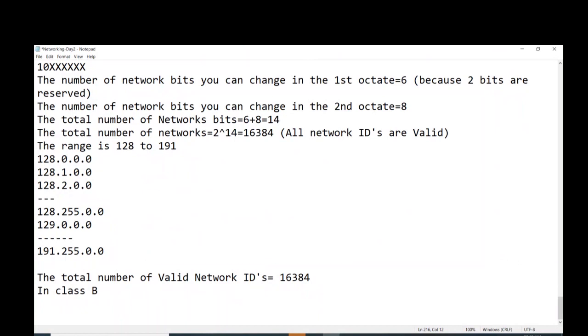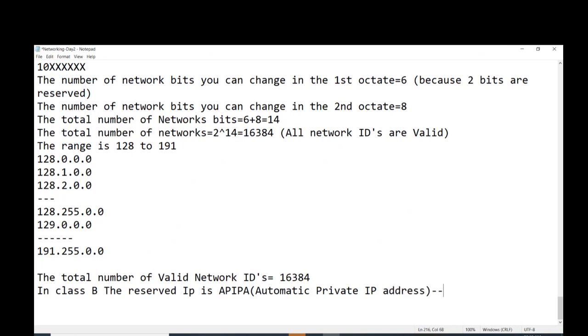In class B, the reserved IP is APIPA. APIPA means Automatic Private IP Addressing.